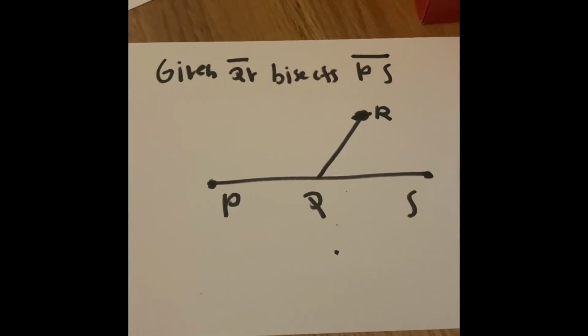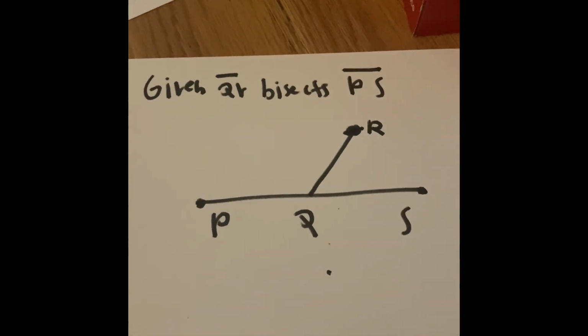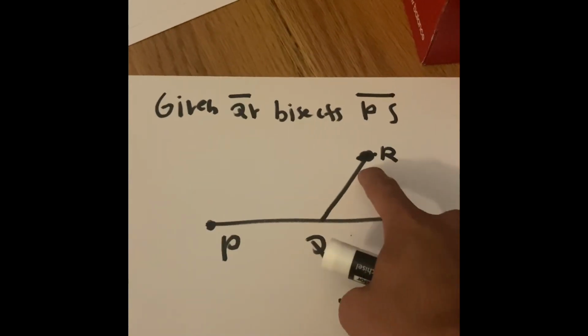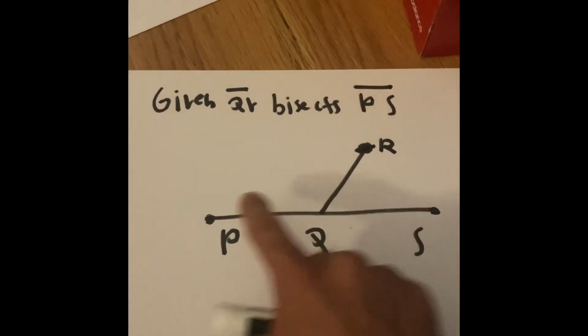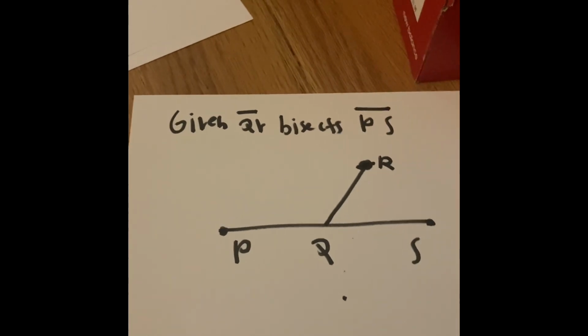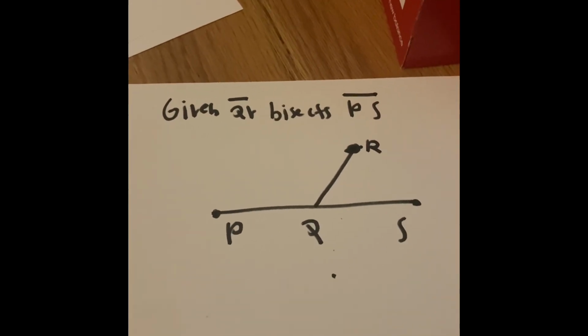Okay, so here's our final example. Hey, guess what? The problem actually gives us something. Segment QR is going to bisect segment PS. So there are a few things that will pop up in your brain immediately when you have that given.